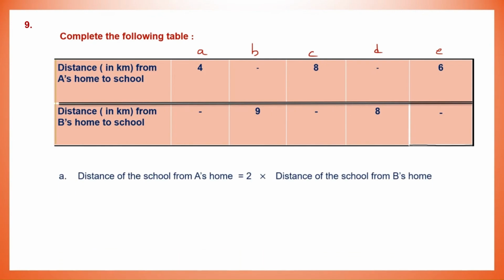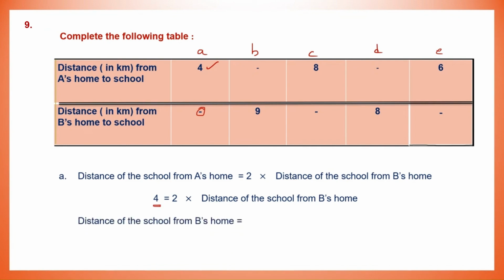The distance of school from A's home we know is 2 into the distance from B's home, isn't it? We just found out A is 2 into B's home. So A's home in the first question is given as 4, which is 2 into the distance from B's home. Now we have to find this, that is the distance of the school from B's home.